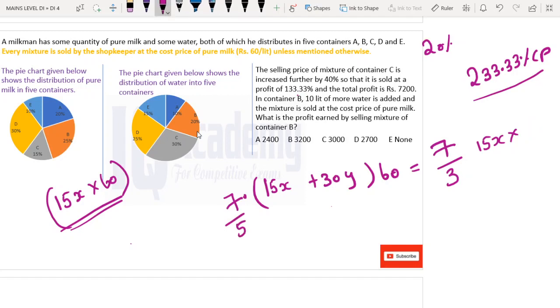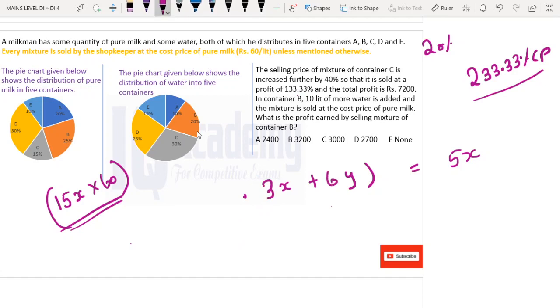So we can cancel 60 and 7 also, and this will become 5x equals 3x plus 6y, or 6y equal to 2x, or x equal to 3y. So the relationship between x and y here is x equal to 3y. And the total profit, they told, is 7,200.